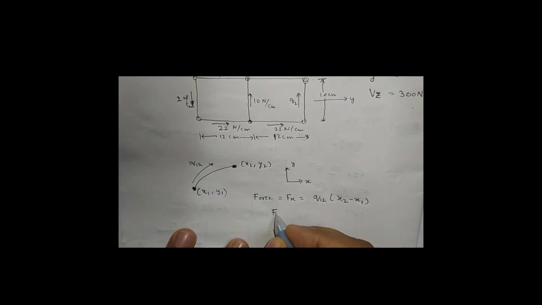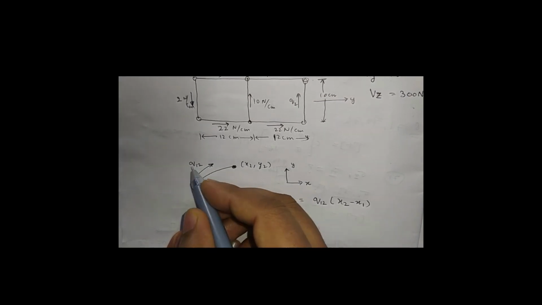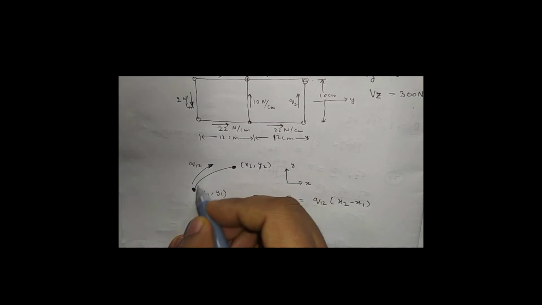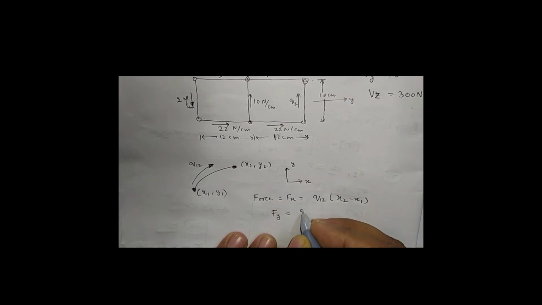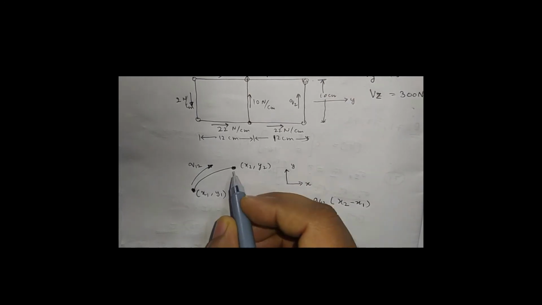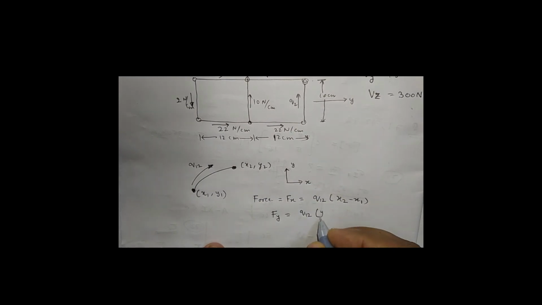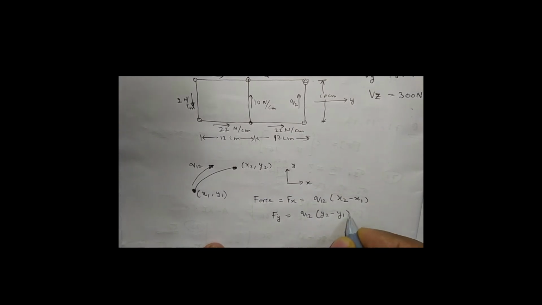Similarly, if we want to calculate the force due to this constant shear flow, it is not changing with the distance. So Fy, the force in the y direction, is Q12 times the coordinate of this boom, y2 minus y1.